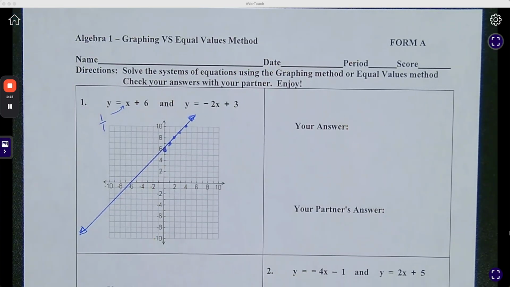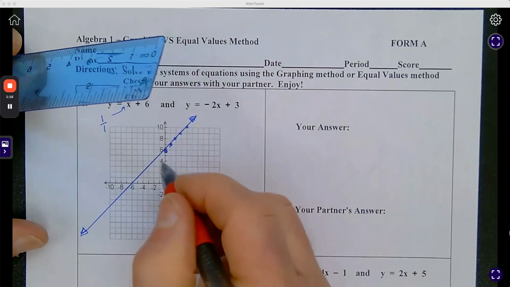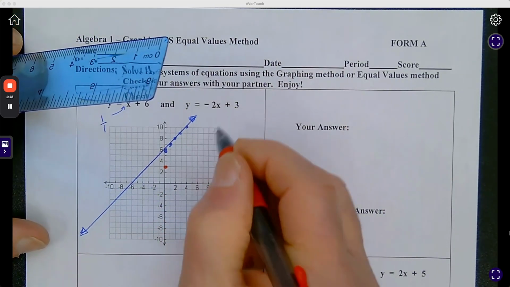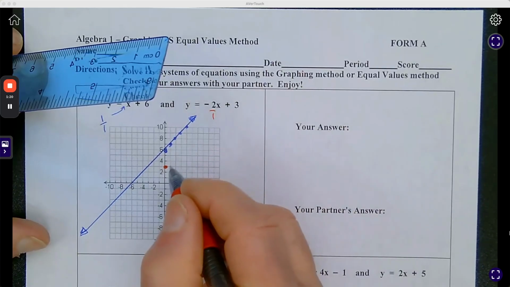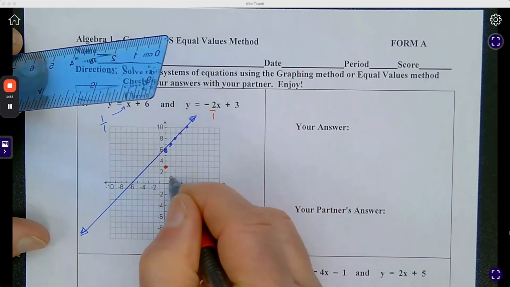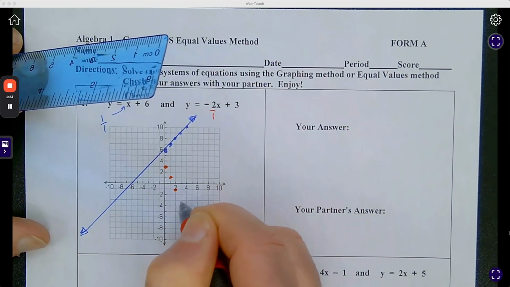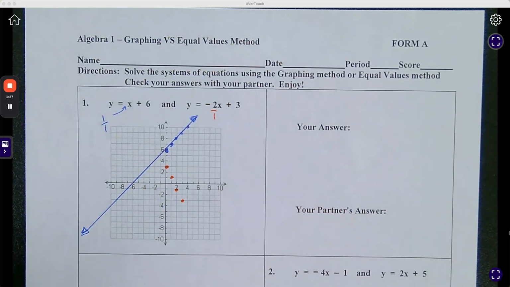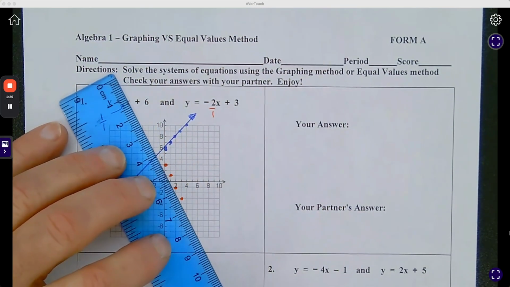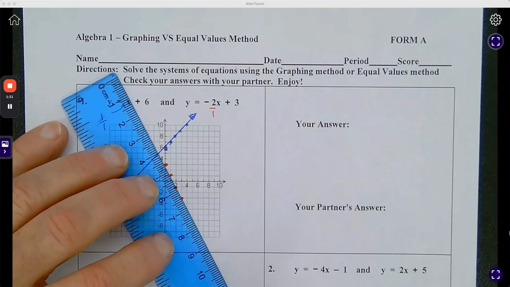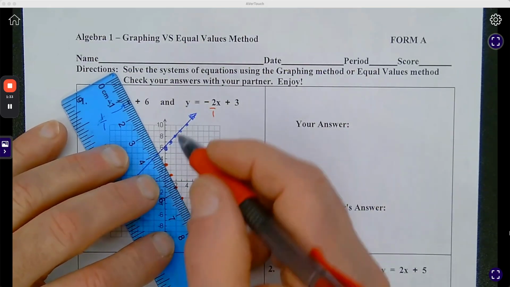Now I'm going to graph the other line. The other line has a y-intercept of 3 and a slope of negative 2 over 1. So down 2 over 1, down 2 over 1. I like to do the pattern a few times. Get a good line here. And look at that.